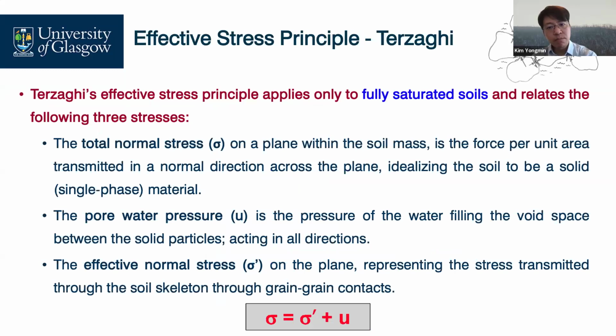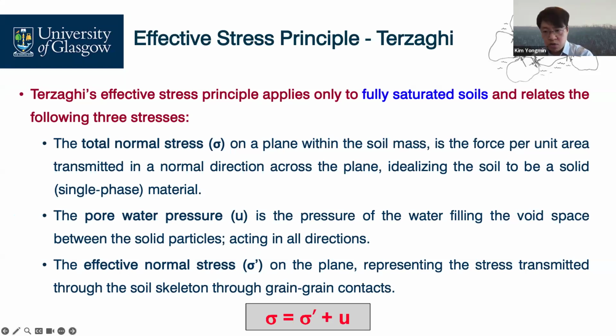So, our soil mechanics pioneer, Karl Terzaghi. Someone pronounces it one way, someone another, but for me, I prefer Terzaghi. He proposed the concept of effective stress. This effective stress is mostly in the normal direction.